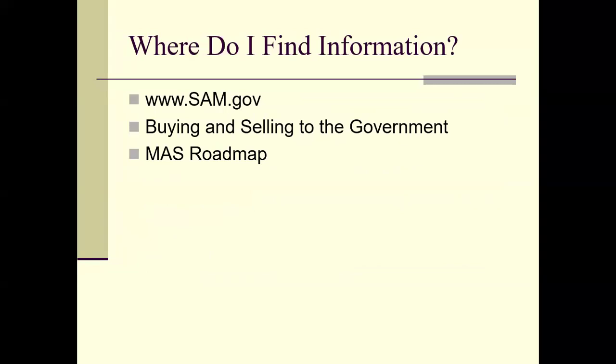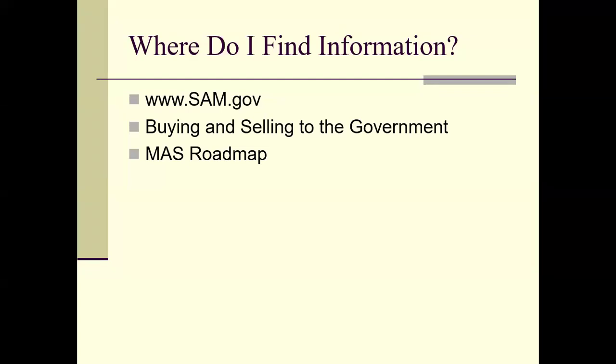Well, where do you find information about it? If you go to sam.gov, you can find the information about the schedule, and you can just basically type it in, and that whole piece will be there. You can also go to the GSA website and type in buying and selling to the government, and information will come up.